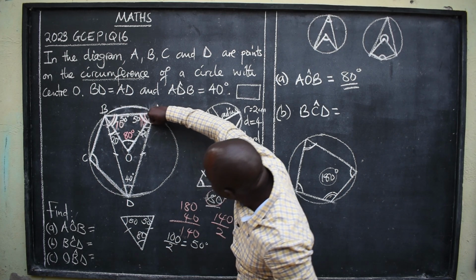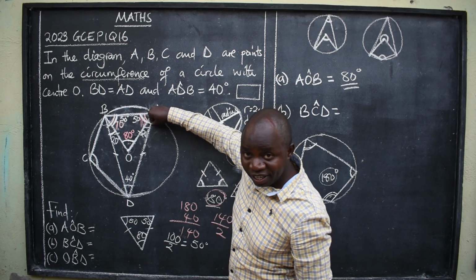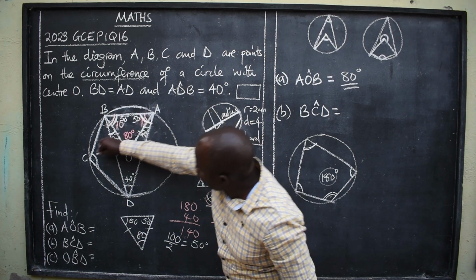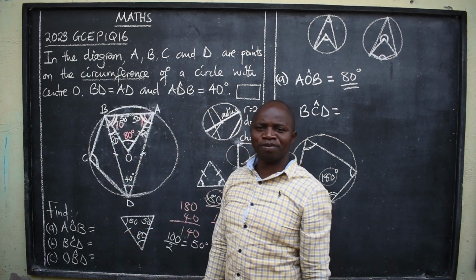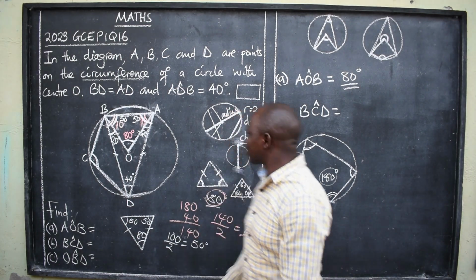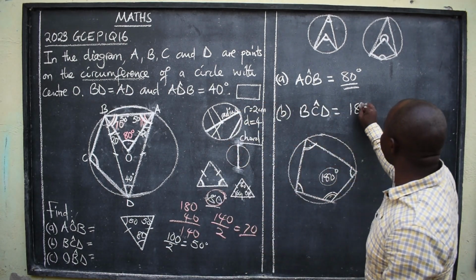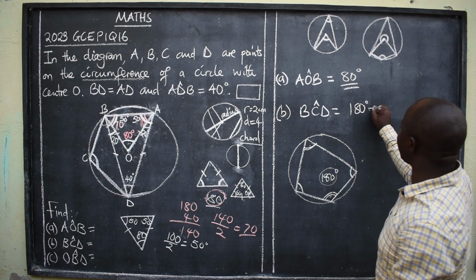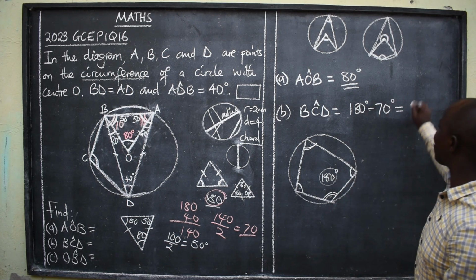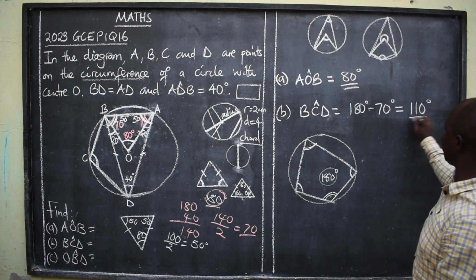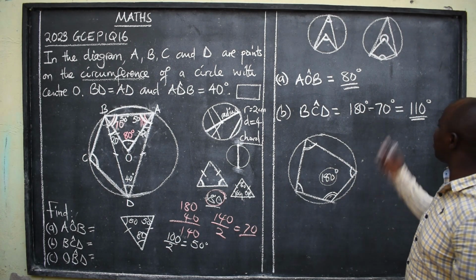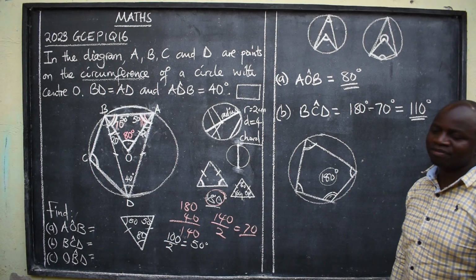From this end to this end, we said it's what? 70, right? So this is 70 here. For me to get this, what am I supposed to do? 180 degrees minus 70 degrees. And this will give me 110 degrees. I'm done. So this is 110 degrees.